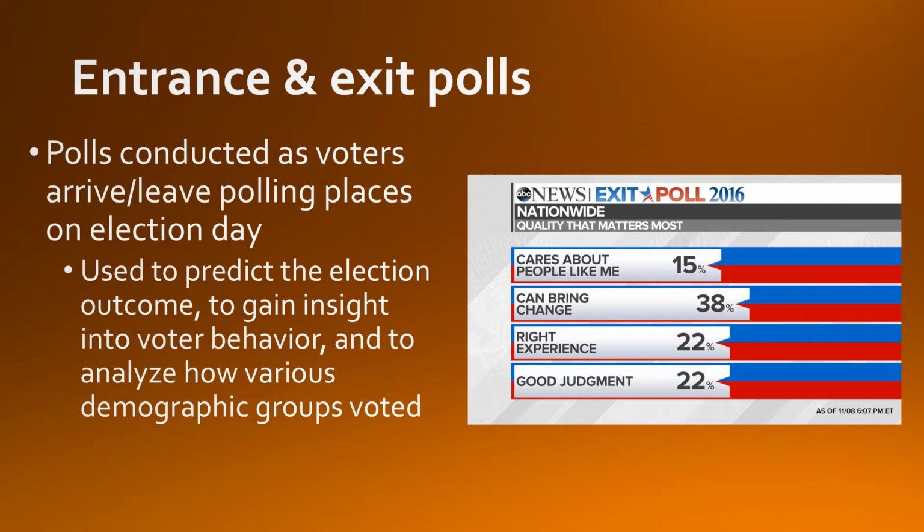They are used to predict the election outcome, to gain insight into voter behavior, and to analyze how various demographic groups voted. So, by seeing who's actually voting, what the issues are that are driving the people who are voting on election day, this can help pollsters to be able to predict who's going to win that night even before all of the votes have been counted. So entrance polls, exit polls are used for this reason.